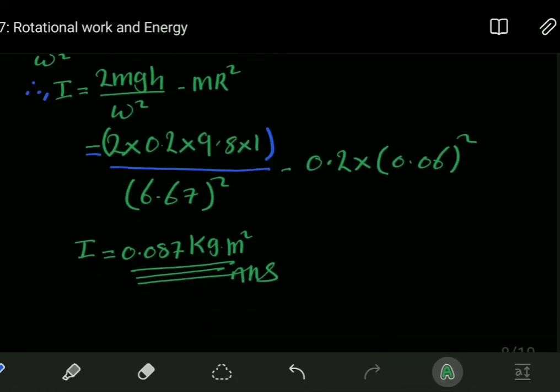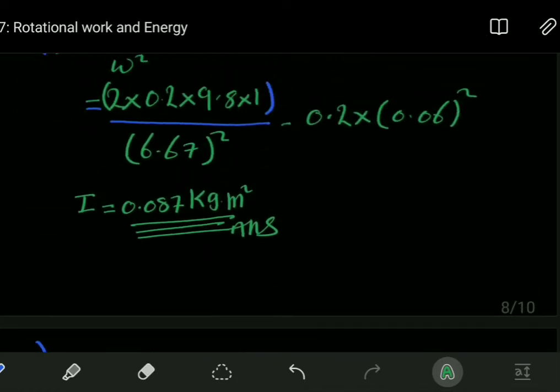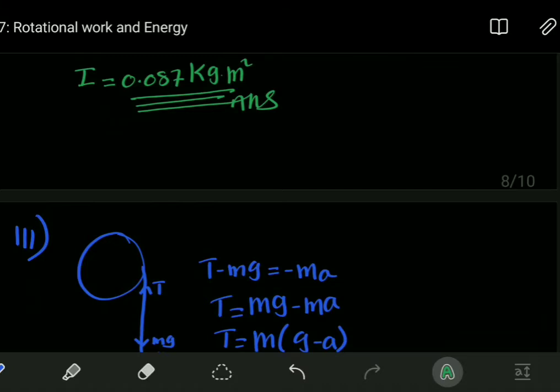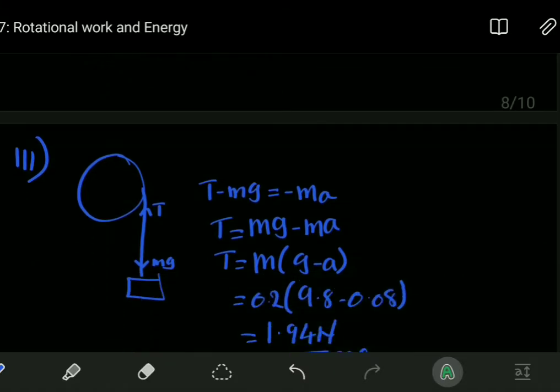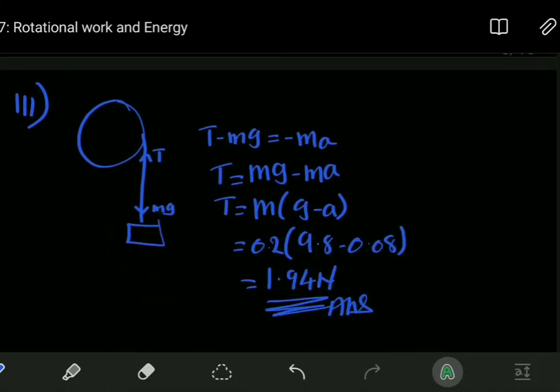Now that we know the moment of inertia, let us consider the tension in the cord. We remember this system, it's similar to something that we have solved already. Here we know the tension going up and the weight going downwards, producing a downward acceleration. Therefore, we have T minus mg equals negative ma.